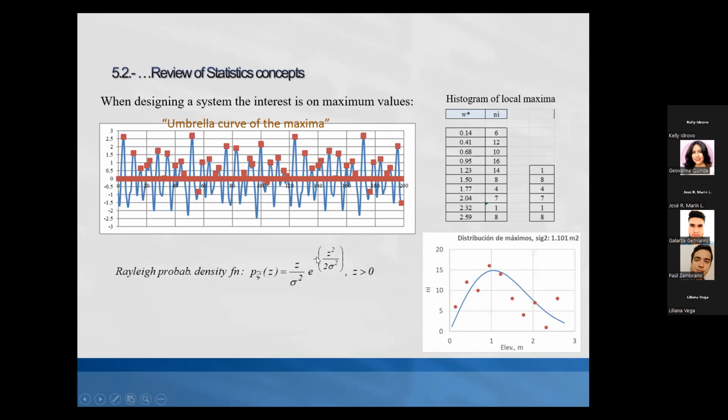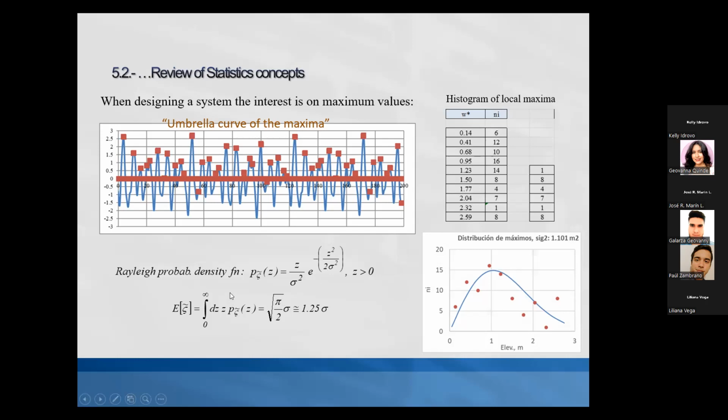But the important thing here is that this probability can help us to design, because this is just for the maxima, the local maxima of this variable, right? One interesting thing about this variable is that you can integrate it.